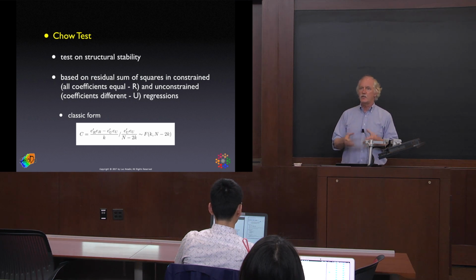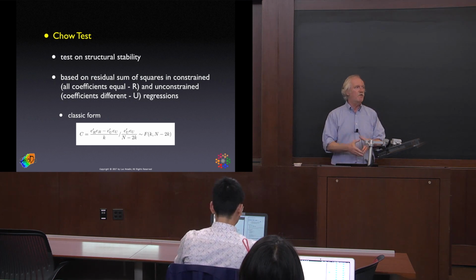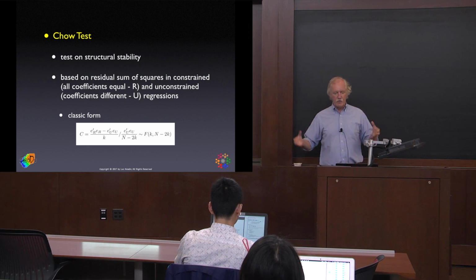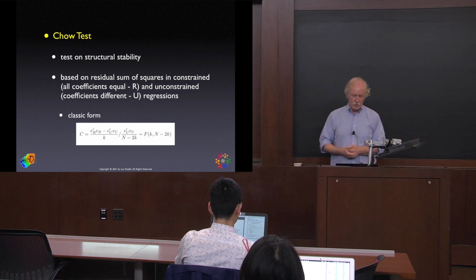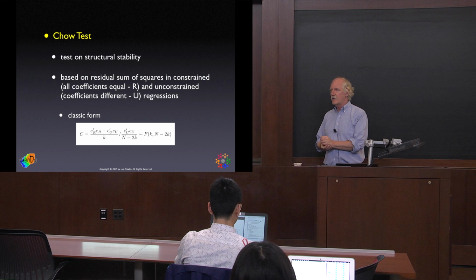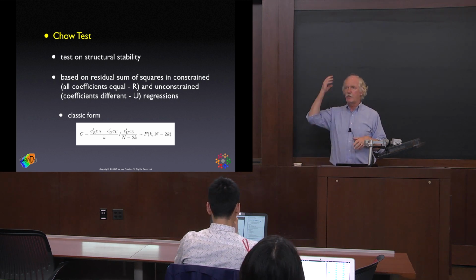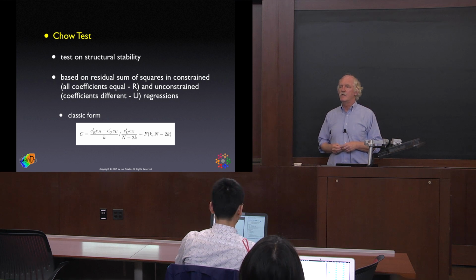So restricted is always going to be the simpler model, the model with fewer coefficients, because you set some coefficients to 0. And unrestricted, you let them be different. So in this case, restricted means that all the coefficients are the same everywhere. So you basically run one regression for the full data set.